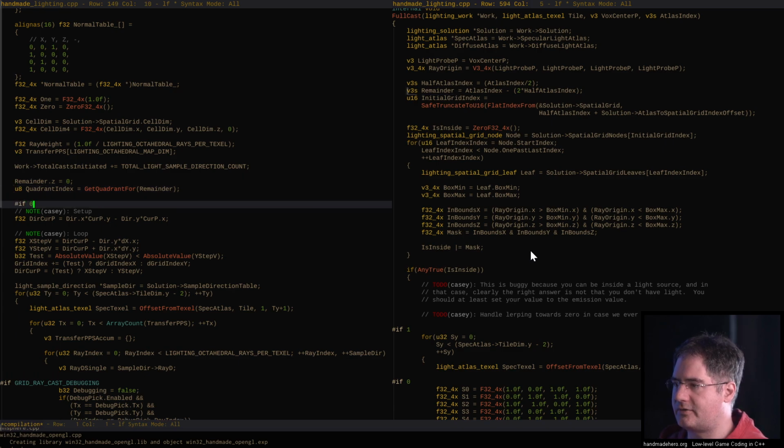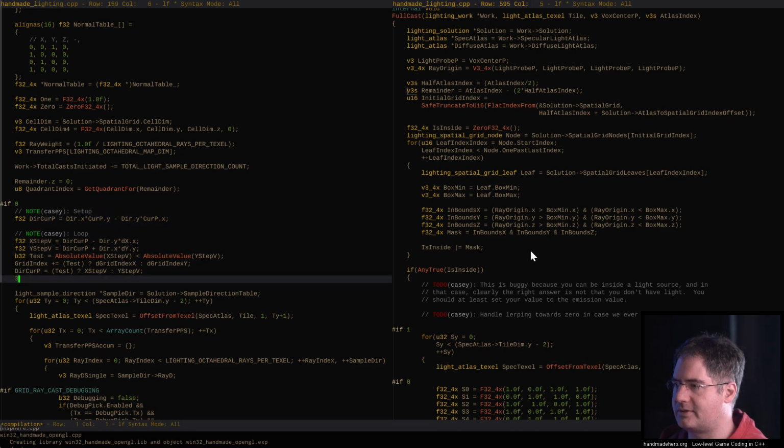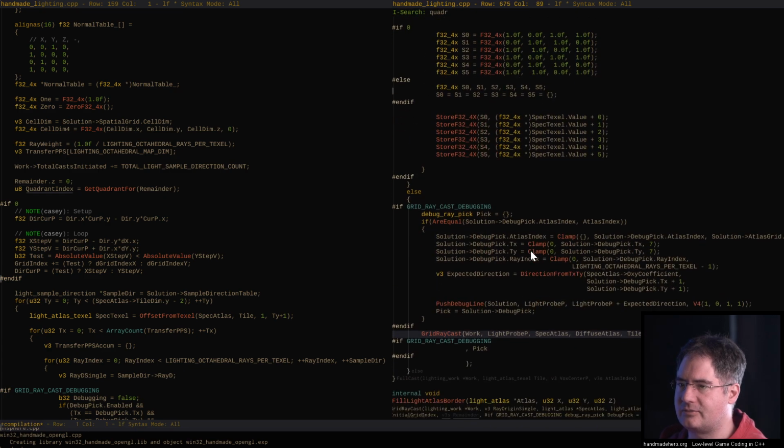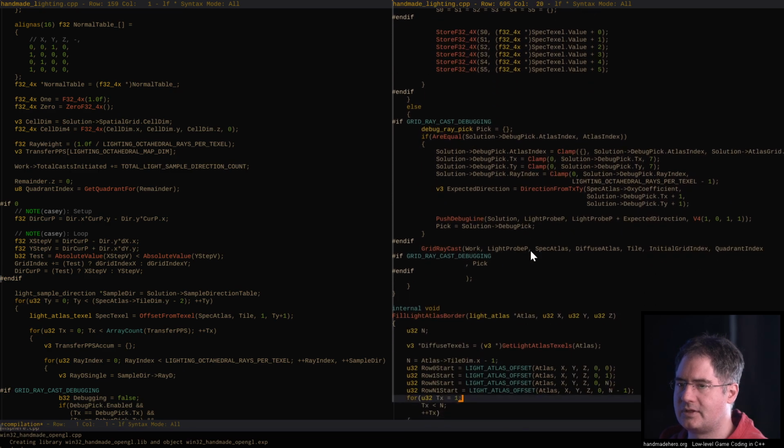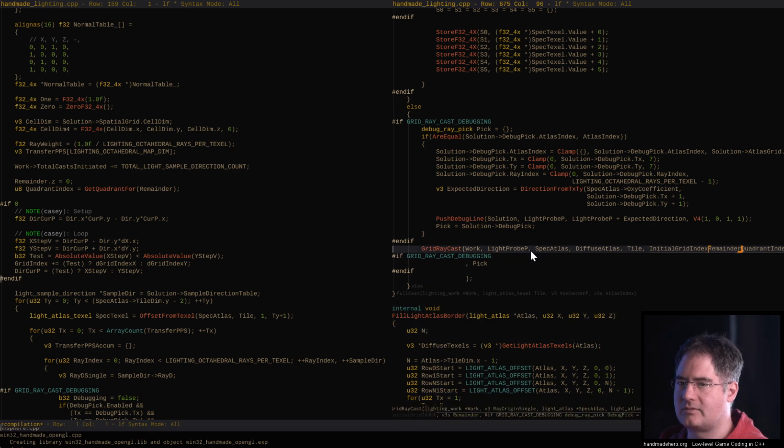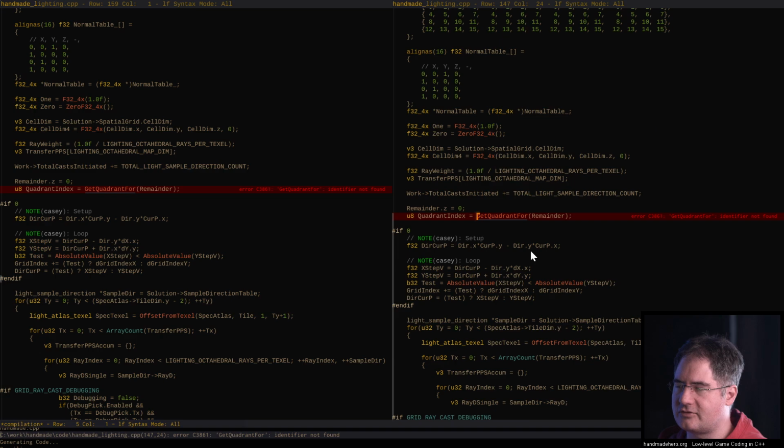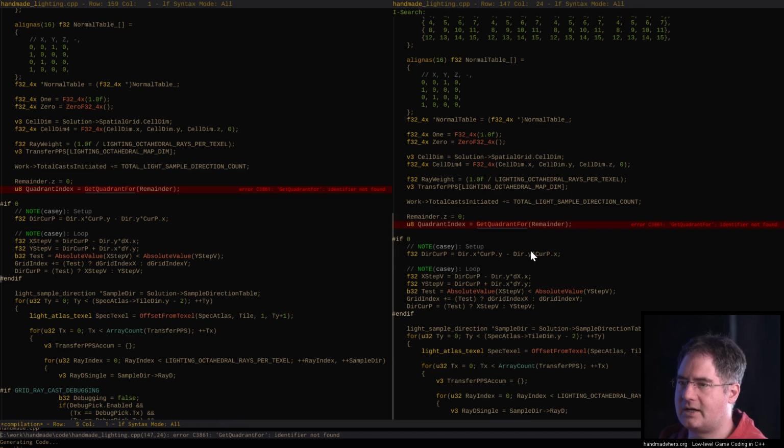This part of the code that we sketched out, I'm just going to if 0 out, because we're just starting here. Instead of passing quadrant index, we're just going to pass the remainder and compute quadrant index inside. There we go. So the code shouldn't change, I don't think.